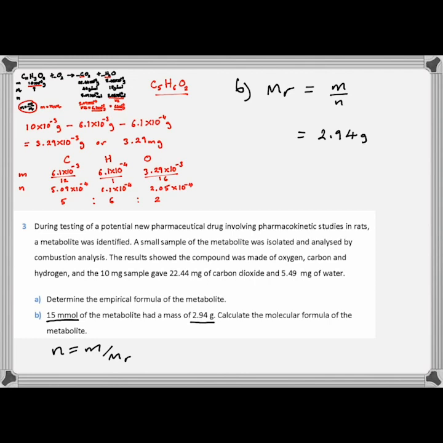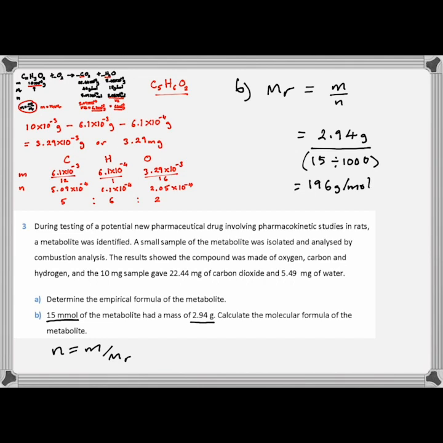That's in grams, so this has to be in moles rather than millimoles, 15 divided by 1,000. And that gives us an MR value of 196. So our compound has to have an MR of 196 grams per mole.